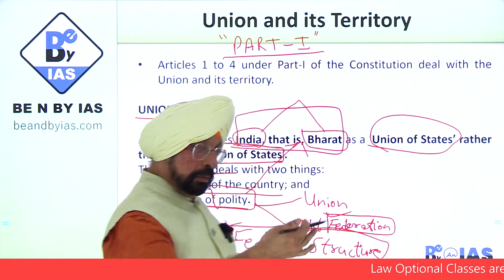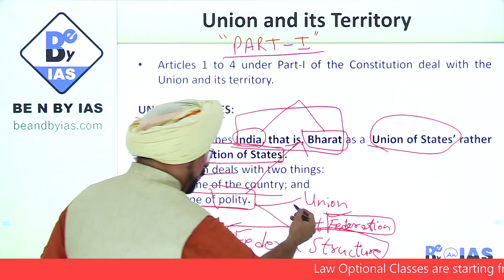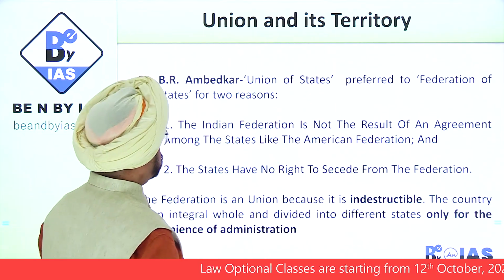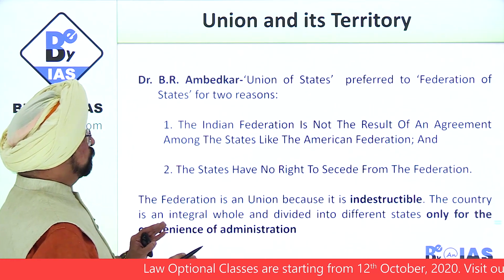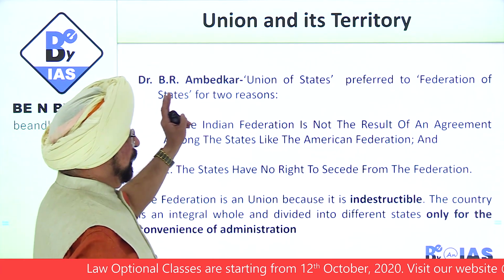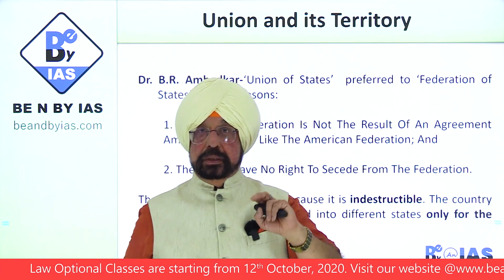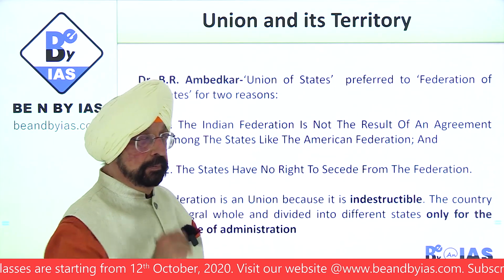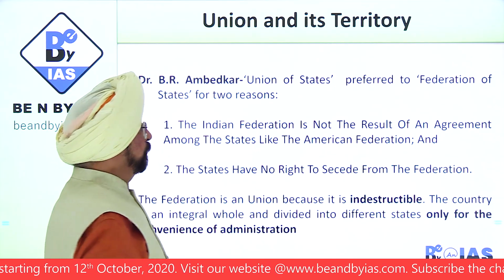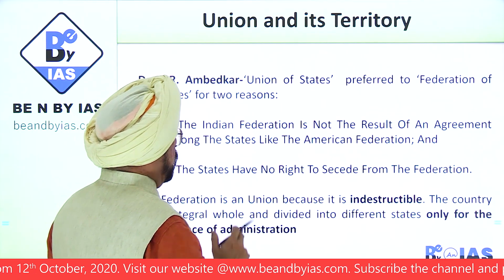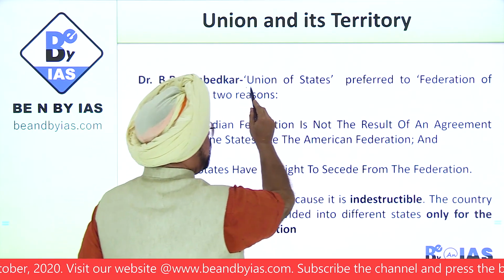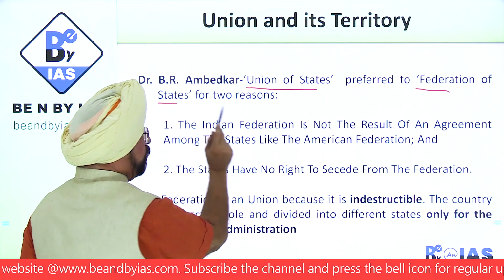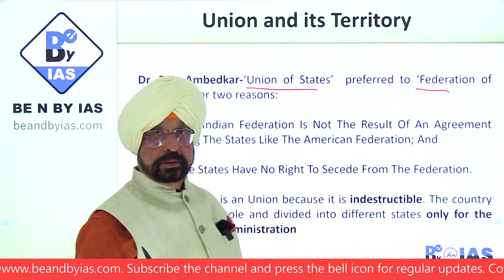Now we come to the union part of it. Okay? Now, Dr. Bhimrao Ambedkar, if you remember, the chairman of the drafting committee in the Constituent Assembly, says that union of states is preferred to federation of states for primarily 2 reasons.